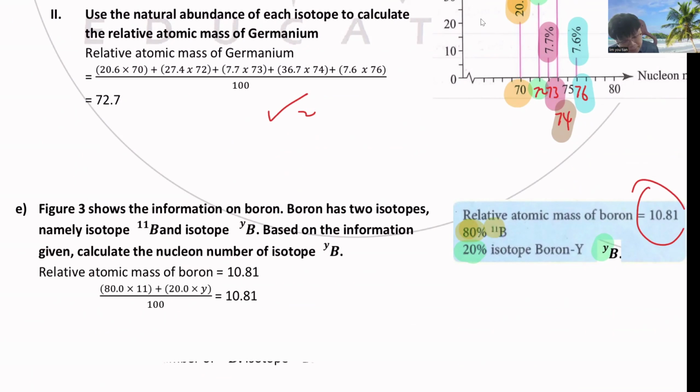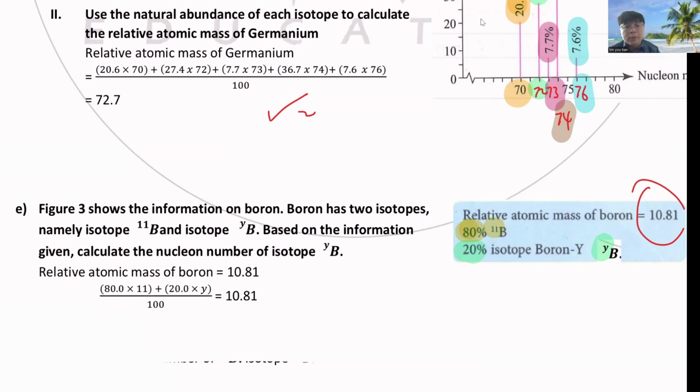So you see, the mass is 10.81, and we have 80% of 11, 20% of Y. Divide by 100, you'll get 10.81.